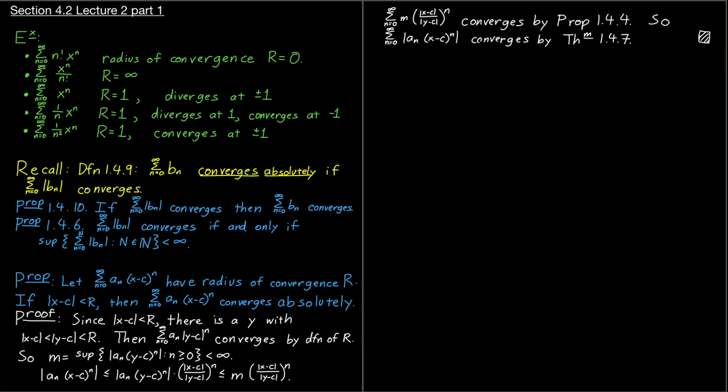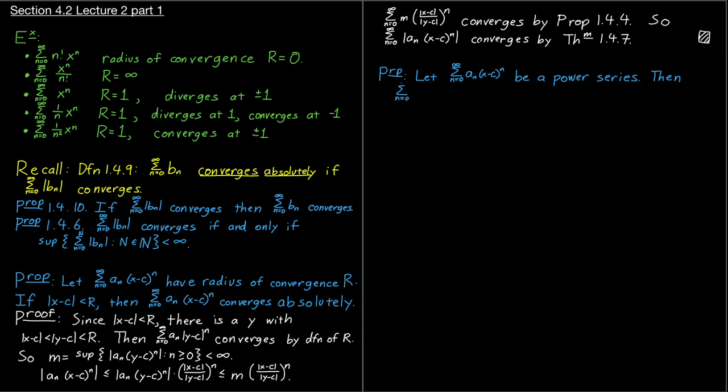Next, we're going to prove a somewhat technical proposition, but we'll see it's going to end up being very useful for us. So this says if we've got a power series, then here is another power series.